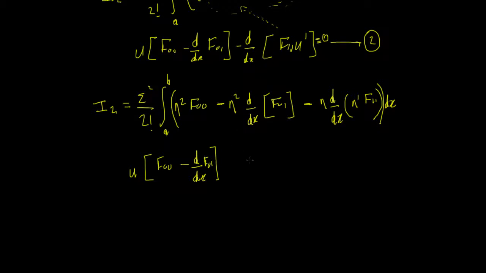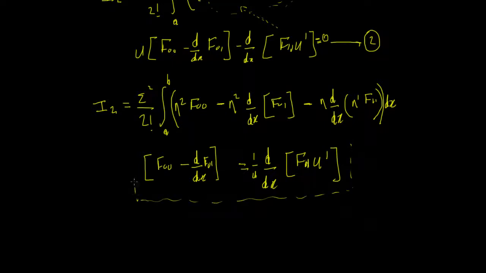Okay, I'll take this across to the other side, equals d by dx of f11 u derivative. Now what I'll do is take the u down on the other side as well. So we'll get rid of that u there, and we can make that 1 upon u.